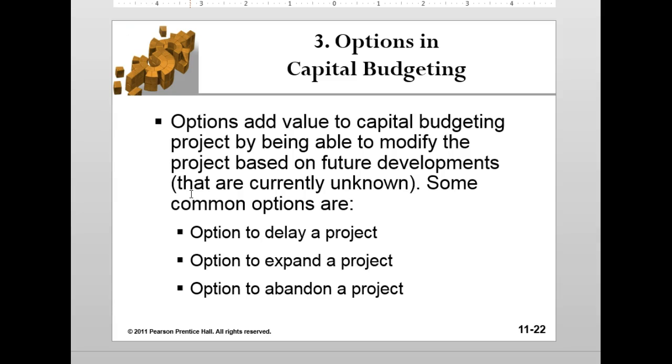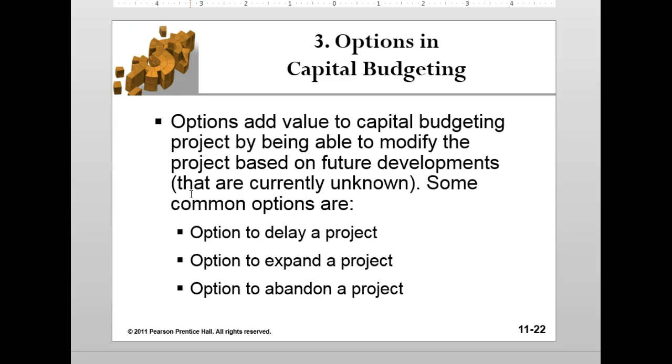Or I could expand it. I could say, okay, this has a good cash flow, but what if? So I could expand the project and then do another evaluation. Or the other option would be I could just simply abandon the project. I could start it and find out that maybe 3 years down the road, we projected 5 years, and 3 years down the road the conditions had changed and we could abandon the project.